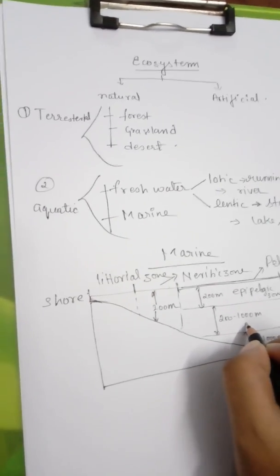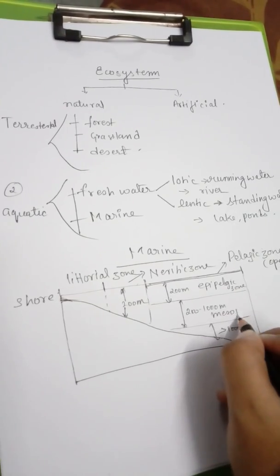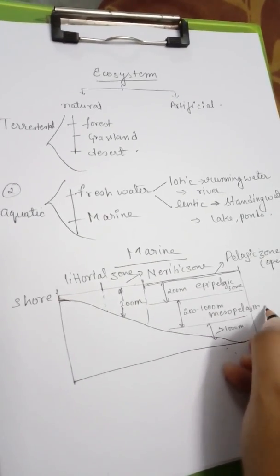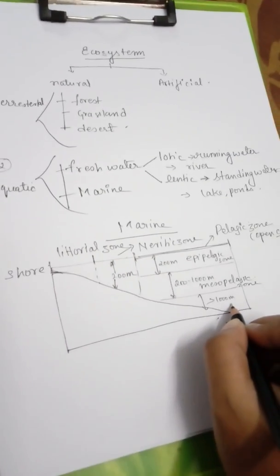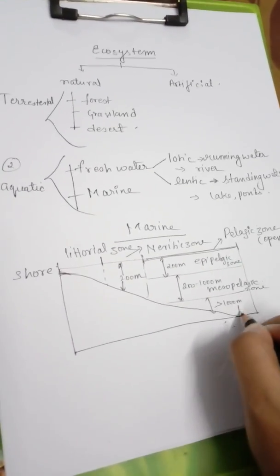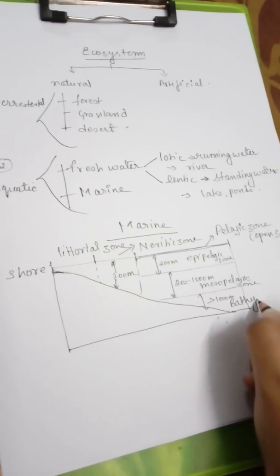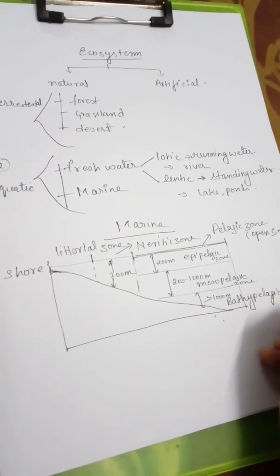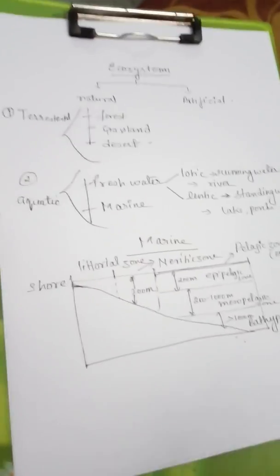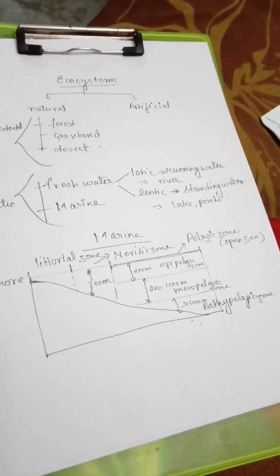This area is called the mesopelagic zone, and this area is called the bathypelagic zone. Okay, these are the three areas.